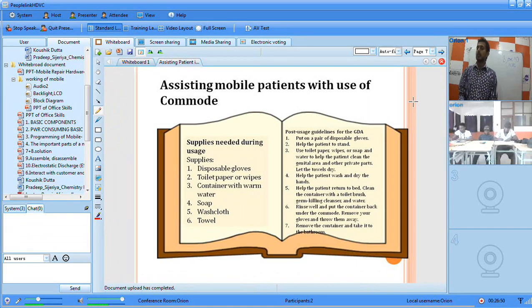So you need to keep all these points and use the guidelines while helping the patients in the urinal process.